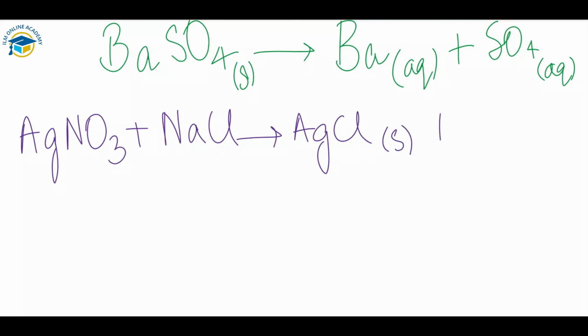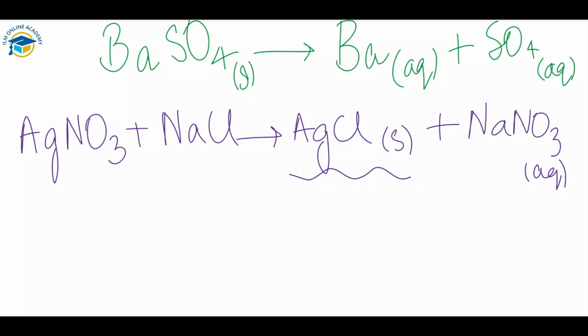That means it is insoluble, plus we have sodium nitrate formed here. This precipitation reaction forms silver chloride in the solid form, and sodium nitrate, which is in the aqueous solution.